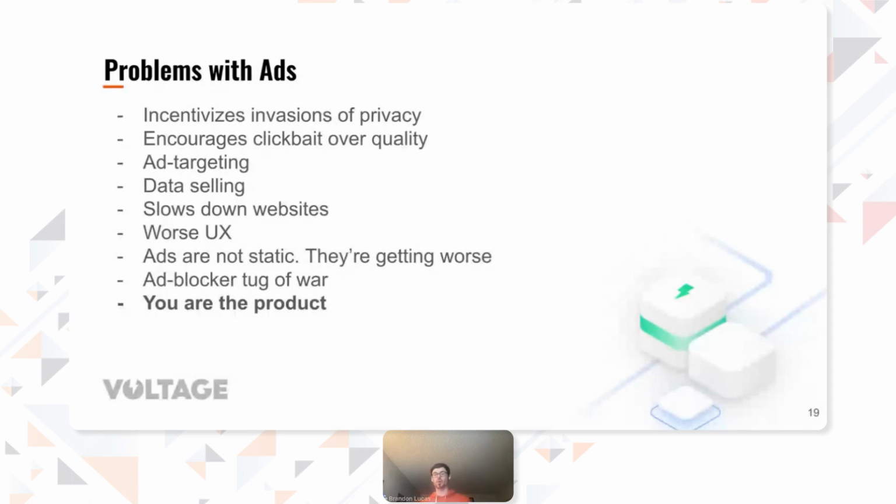It encourages clickbait over quality because it's essentially just trying to grab your attention so you'll be more likely to click on an ad or pay for an ad, instead of actually making content that you would want to pay for. Ad targeting and data selling are interlinked. Companies like Google or Facebook try to gather as much information as they can about you, so they can show you targeted ads you're more likely to buy.